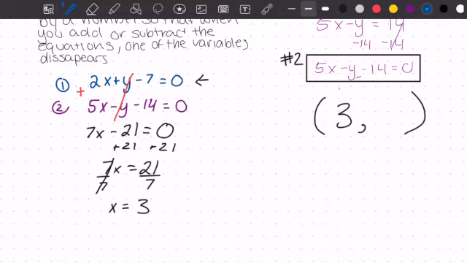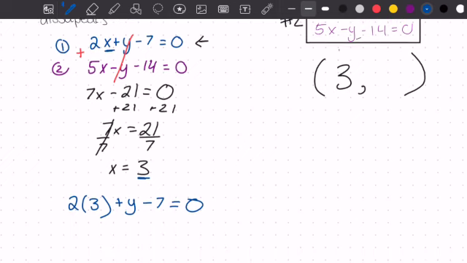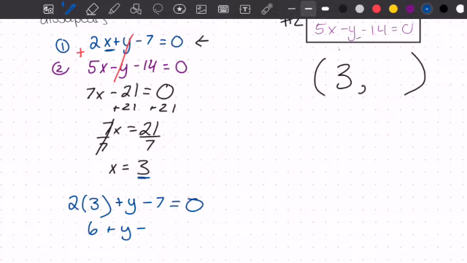So if I plug it back in, I go 2 times 3, because I'm replacing that x with this 3 that I've solved for. I have 2 times 3 plus y minus 7 equals 0. Six plus y minus 7 equals 0.